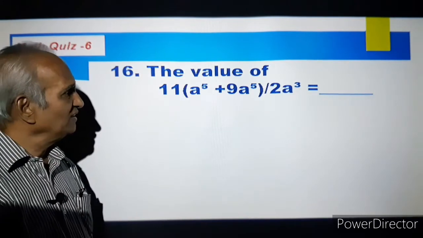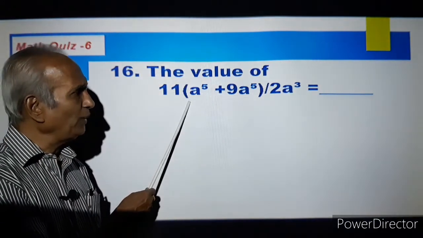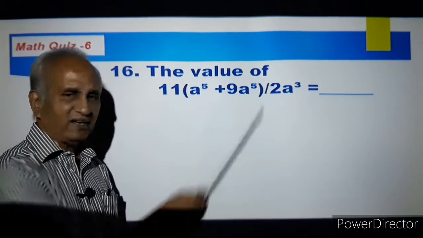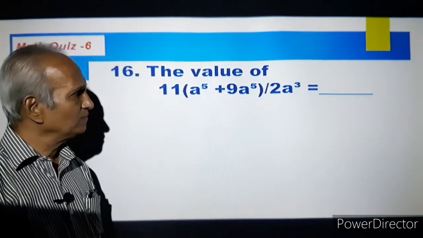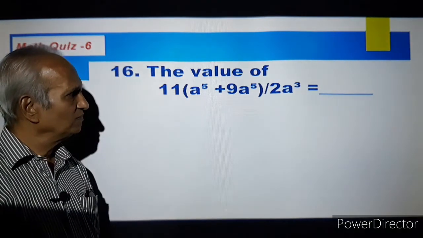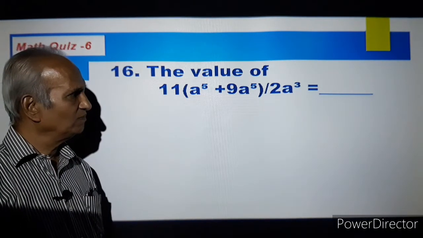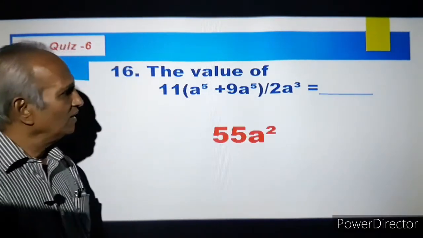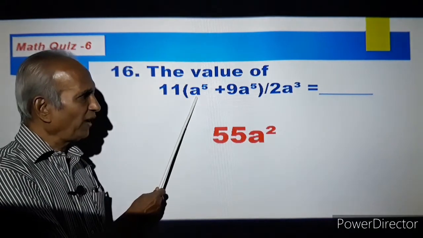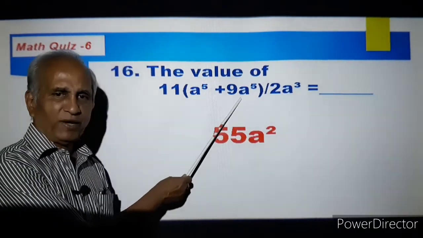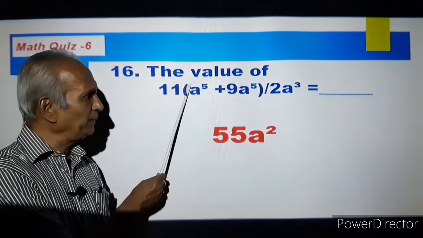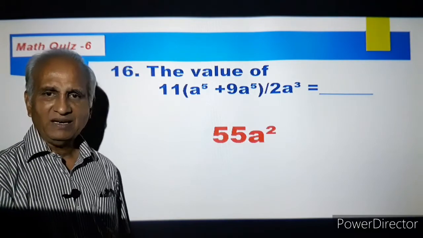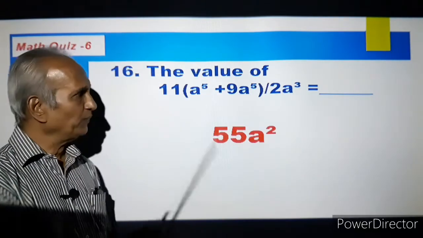Next, the value of 11 into a to the power 5 plus 9a to the power 5 over 2a cubed is... See, a to the power 5 plus 9a to the power 5. When you write a to the power 5, it means 1a raised to 5. Add them up, it is 10a raised to 5.